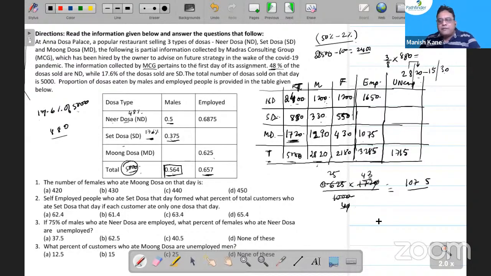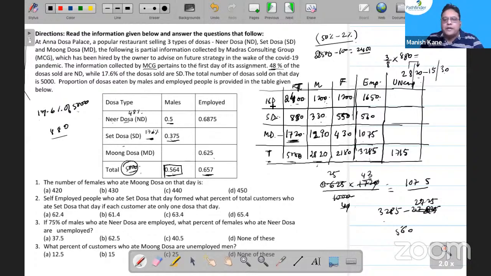So I have to subtract 27125 from 3285. 3285 minus 27, 2725, sorry, not 125, but 2725. So you get 560. So employed people who have eaten set dosa is 560. I have just subtracted from 3285 1075 plus 1650.